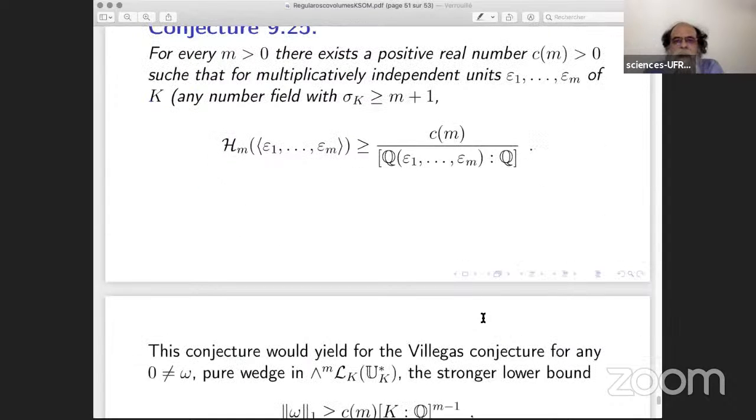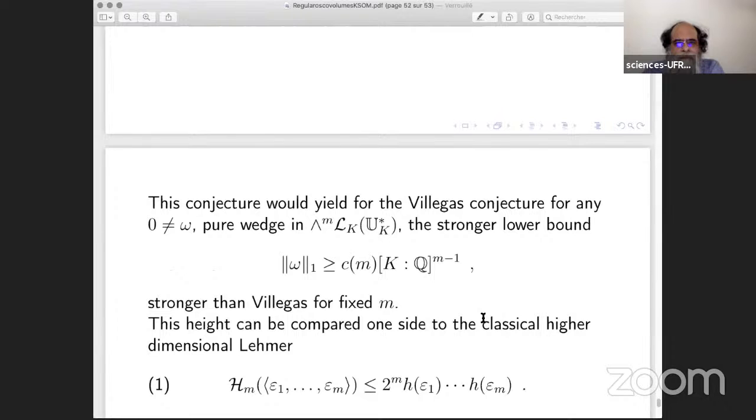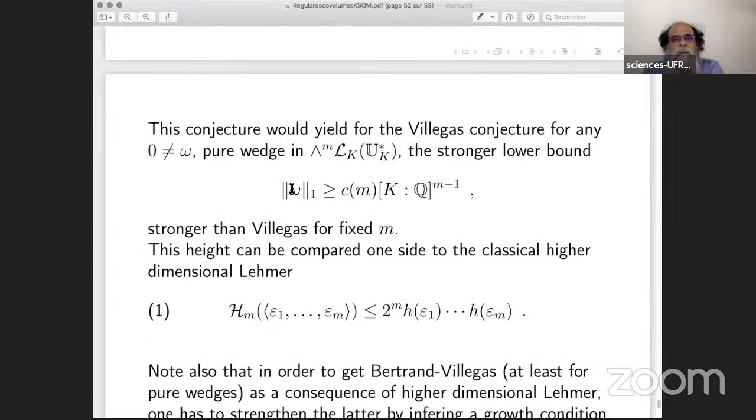Okay, so this does not seem to be quite a consequence of a conjecture, higher dimensional version of lemma, but that would give for Villegas conjecture something like capital D to the power m times C of m. Okay, so you have just one side of inequality. The product of the Weil heights is bigger than this height, but you don't have a converse inequality for the time being. So I cannot say that they are both equivalent statements, but there is one side.